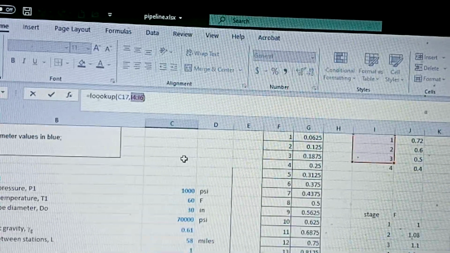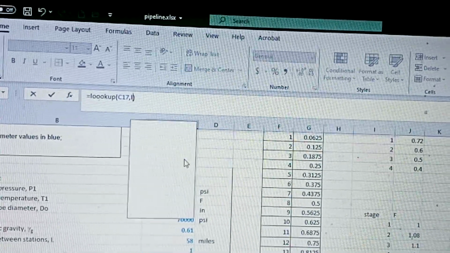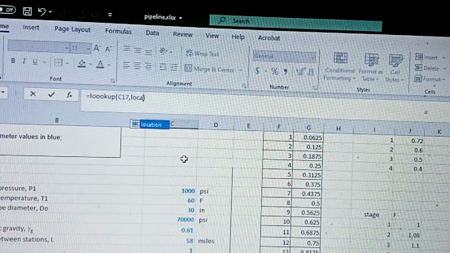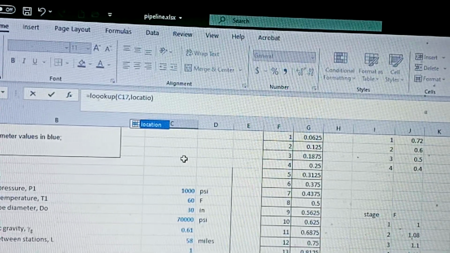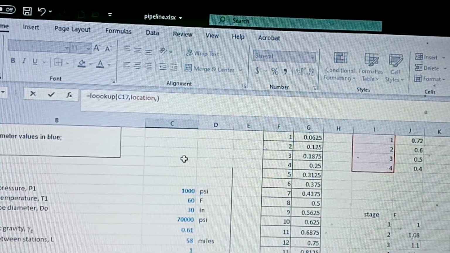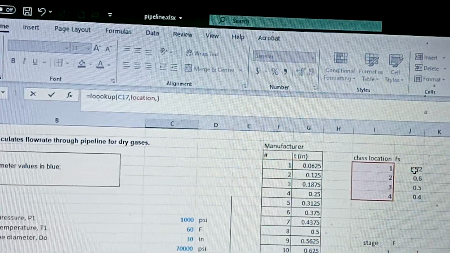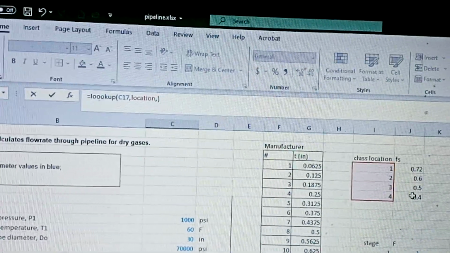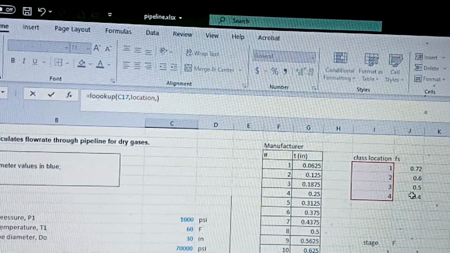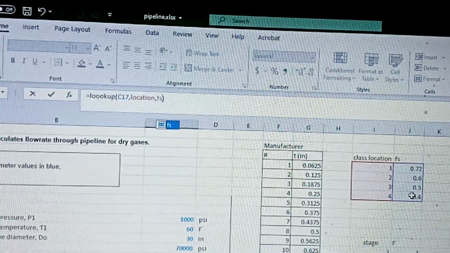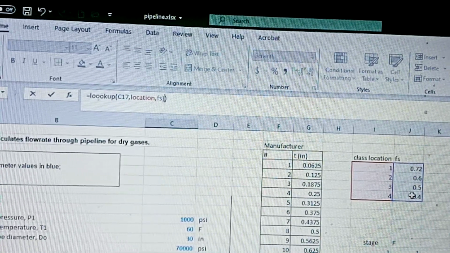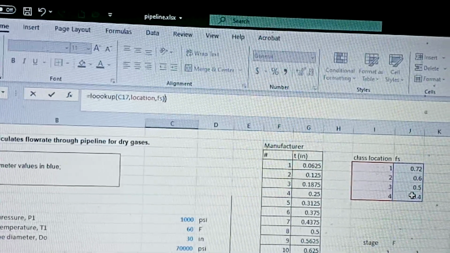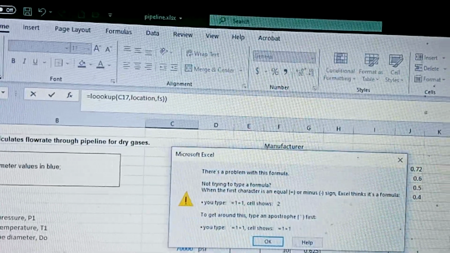Then let me type location because I already named it location. I'm reading it from location. Then I think I named this Fs. So it's going to give me the value of Fs.